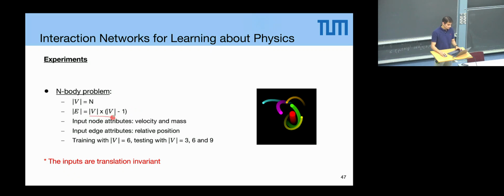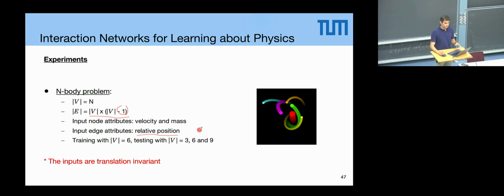That's why we have this number of edges, and we have a -1 because we don't have self loops. The inputs for each of the nodes are going to be the velocity and the mass, and for each of these edges that we have created, the input is the relative position. This is a two-dimensional vector because we are in 2D.